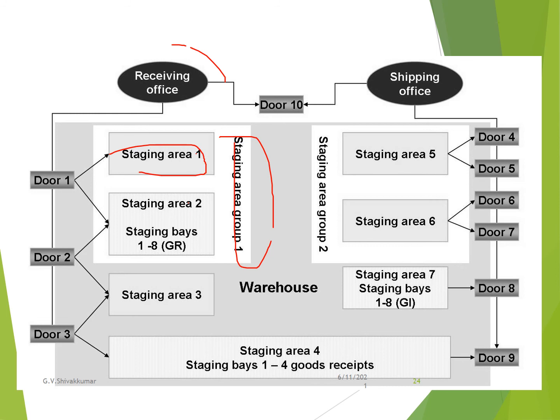So for our outbound, we have door 4 and door 5 for the staging area 5 assignment, and door 6 and door 7 for staging area 6, and door 8, which is assigned to staging area 7, for staging areas 1 to 8, and then staging areas 1 to 4 go to door 9.